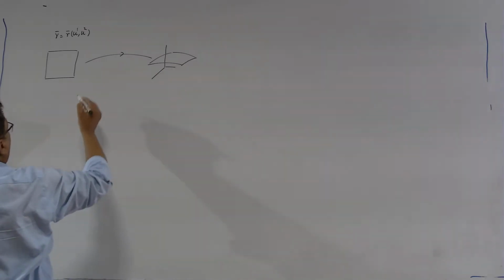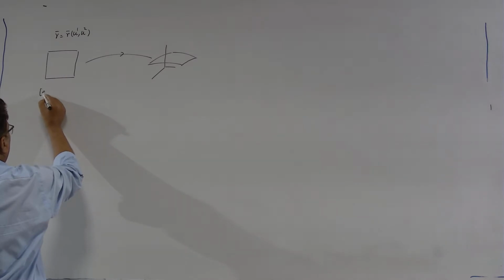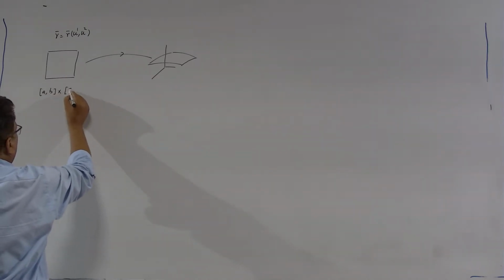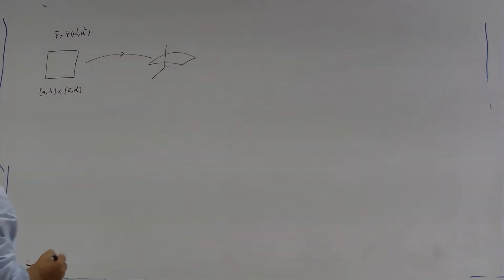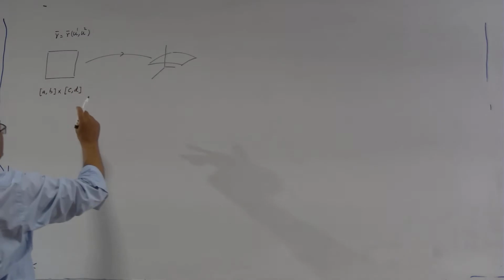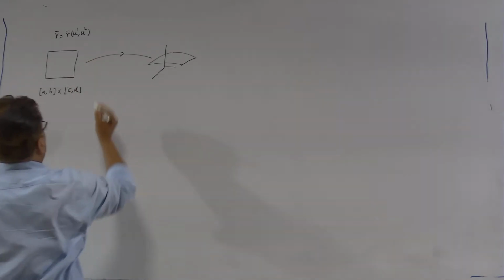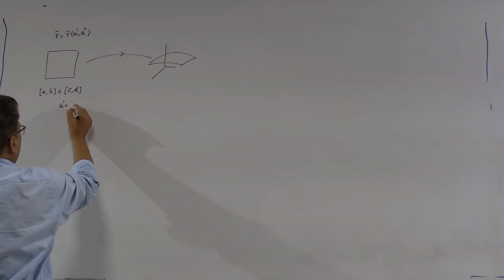This rectangle is [a, b] cross [c, d]. So, this domain space of the vector valued function is the Cartesian product of two closed intervals, which will look like this. So, the equation becomes r of u1, u2.